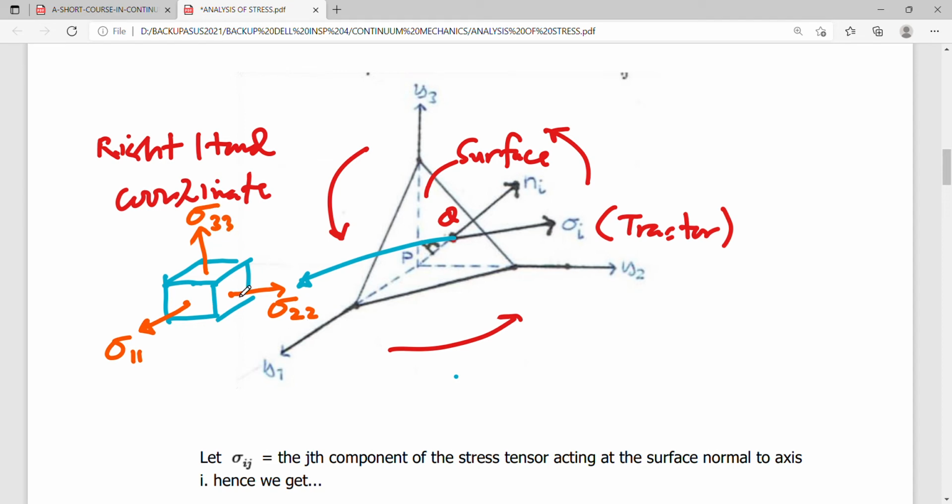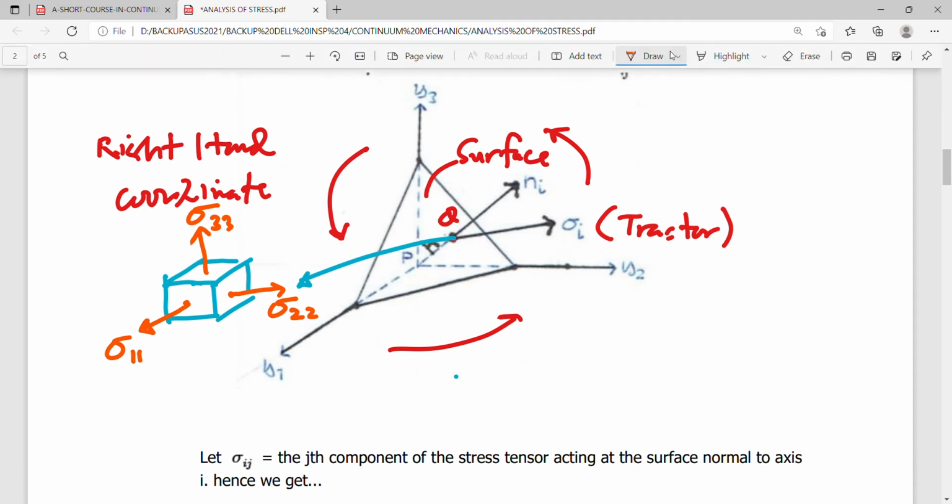So these three forces now are called normal forces, upon which your cubical element is expected to deform in terms of contraction, compression, or tension.